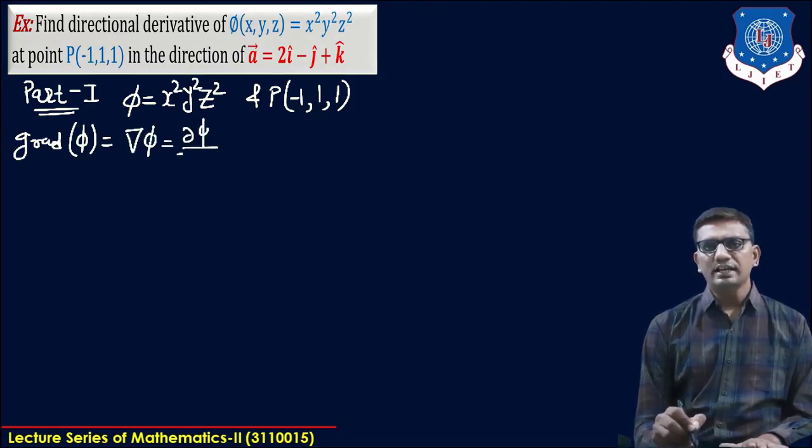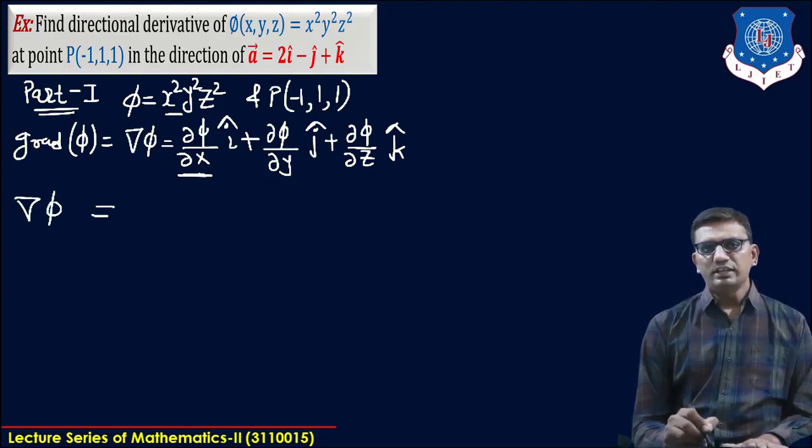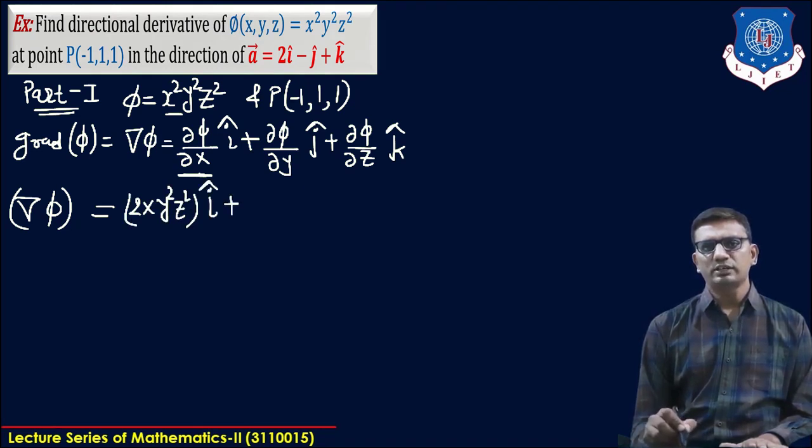to del phi by del x i caret plus del phi by del y j caret plus del phi by del z k caret. So that is our gradient formula. Now we will find the partial derivative of phi with respect to x. Here our del phi is 2x y square z square i caret, which is the partial derivative of x square y square z square with respect to x.